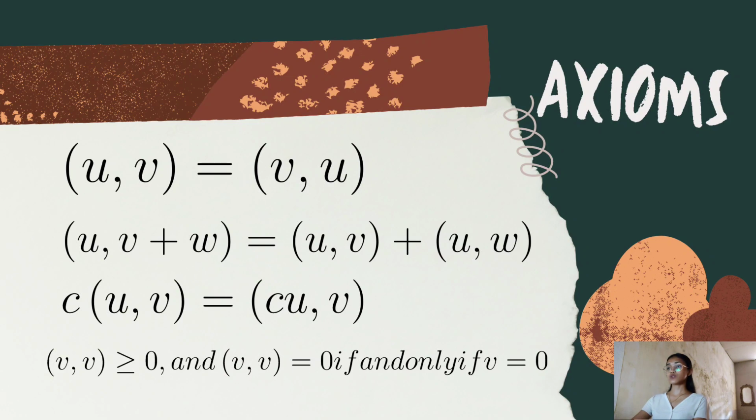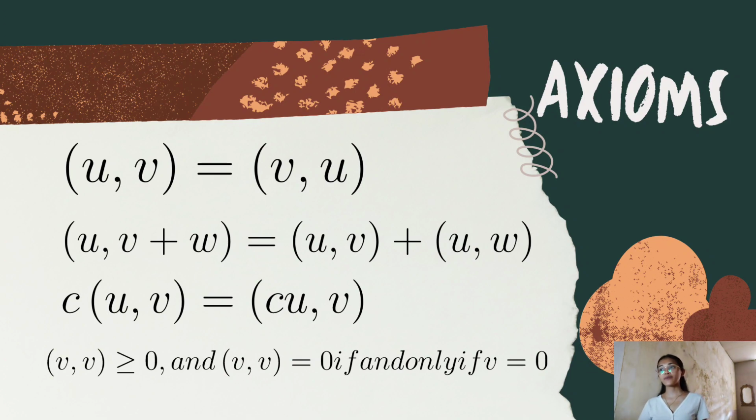And then the last rule is vector <v, v> is greater than or equal to 0. And then <v, v> is equal to 0 if and only if v is equal to 0. Dito, kapag kinuha natin yung inner product ng vector, the answer must be greater than or equal to 0.